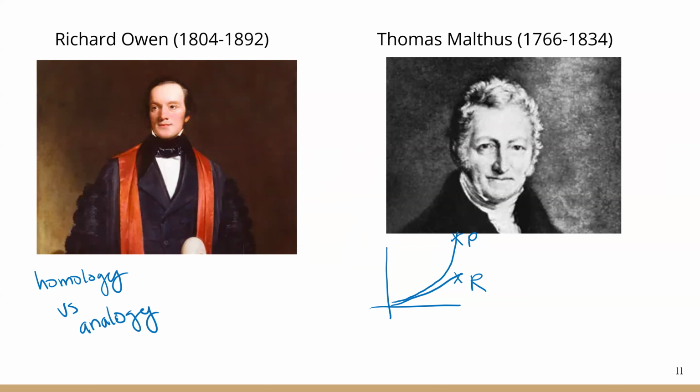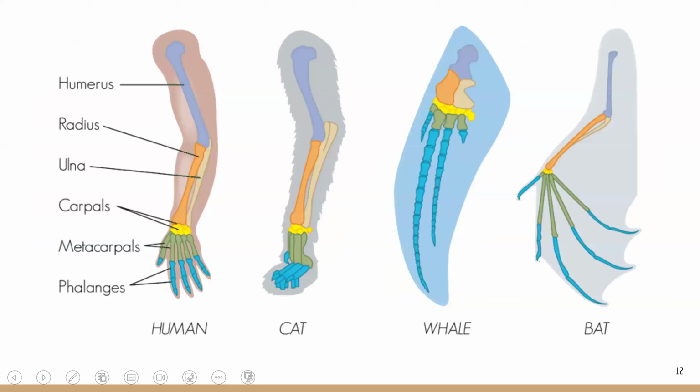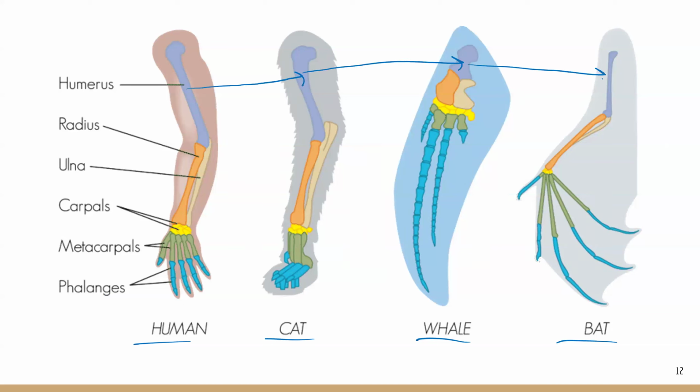So let's go back to homology versus analogous structures. What Owen saw was that if you have the arm of a human and the leg of a cat and the flipper of a whale and the wing of a bat, each one of these has a bone that relates to the humerus, and each one has bones that relate to the radius and ulna.